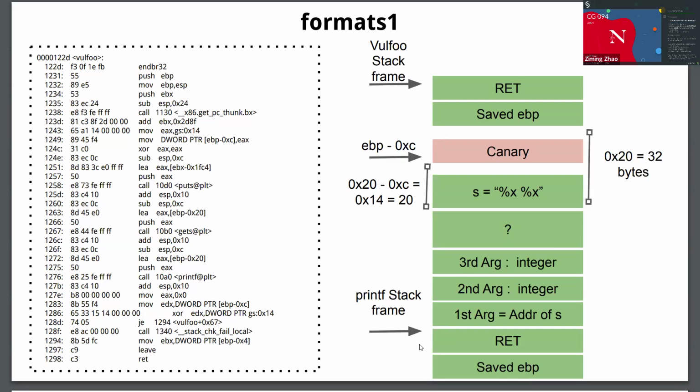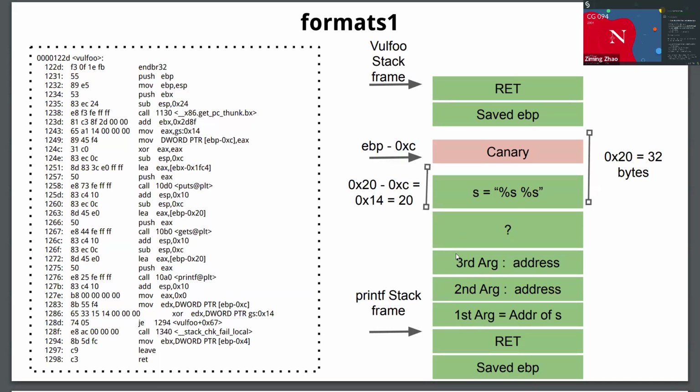So from printf's point of view, the second and third arguments should have higher addresses than the first argument, even though we didn't put them there. So by putting a lot of %x here, we will be able to read everything on the stack, right?